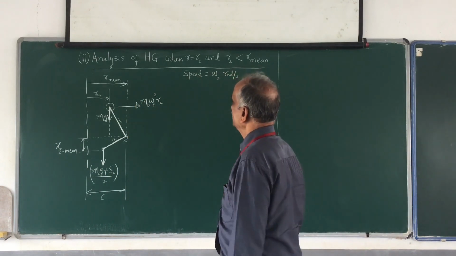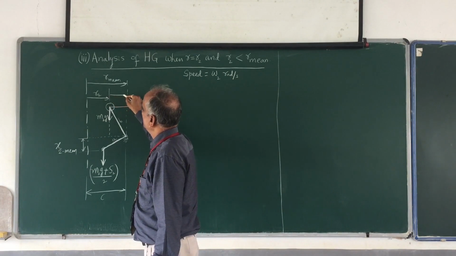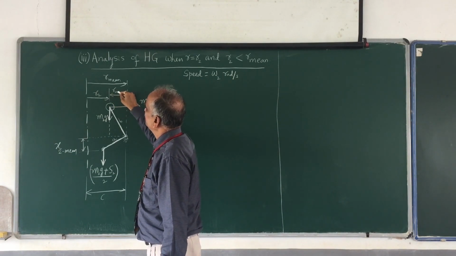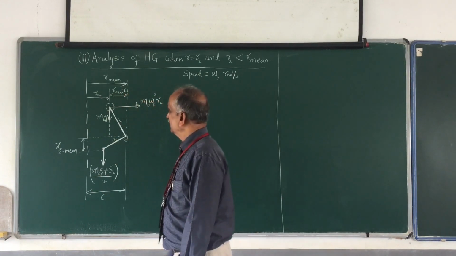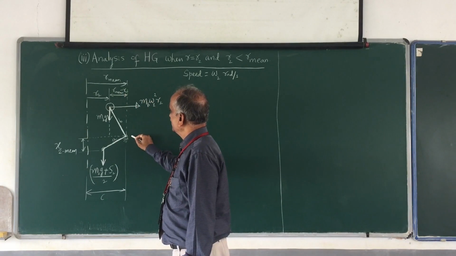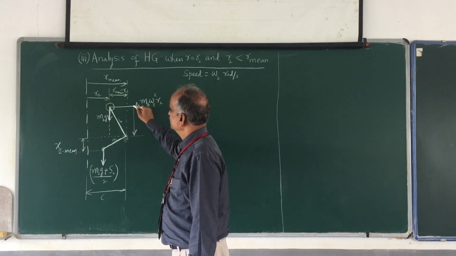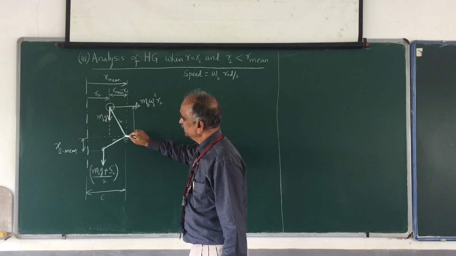Now, I just wish to write how much this distance is. This is nothing but r mean minus r2. Let me write down this distance, because this is the perpendicular distance between this force and this fulcrum.